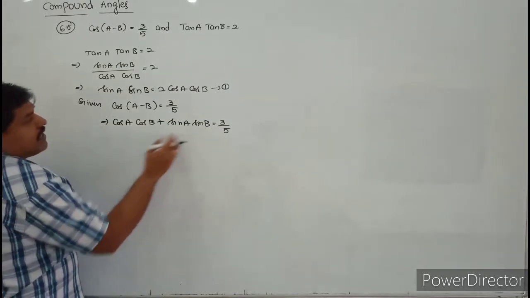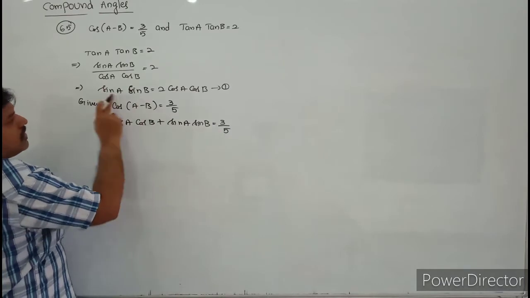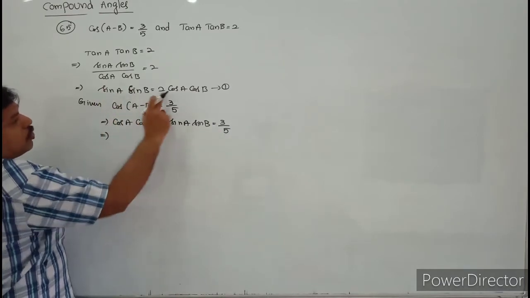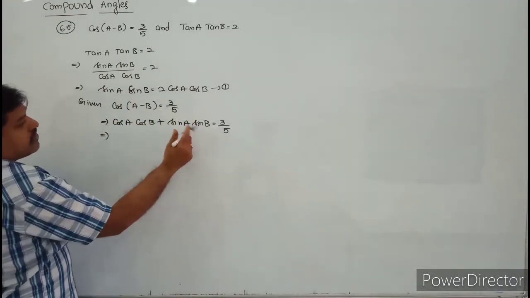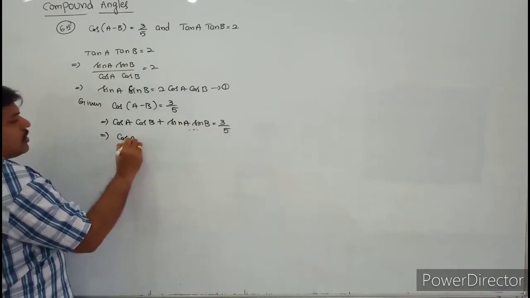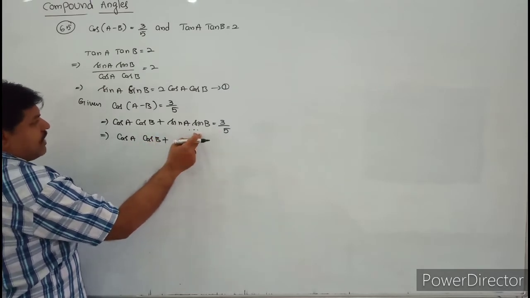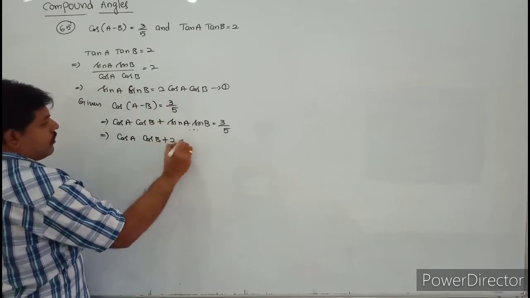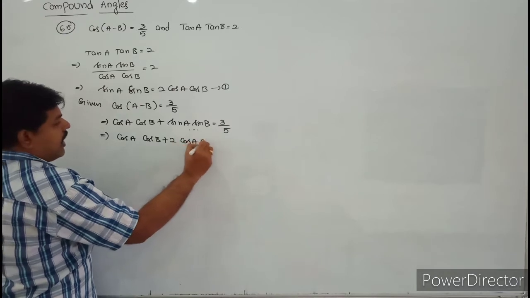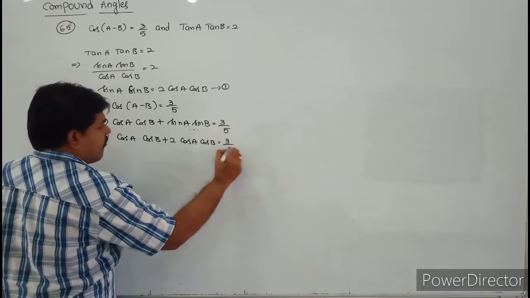Already you know that sin A sin B value is 2 cos A cos B. I will replace this value here. Cos A cos B plus 2 cos A cos B is equal to 3 by 5.